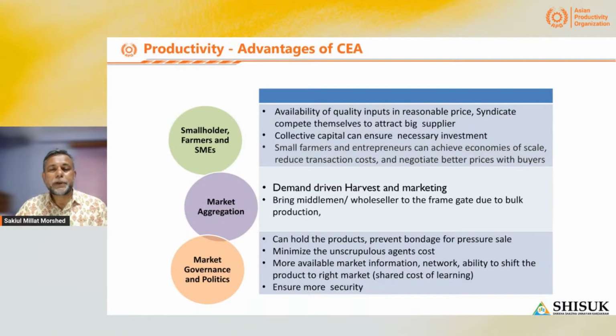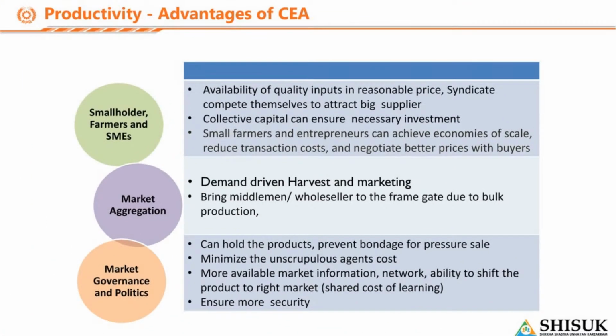As I explained in the first slide, it helps smallholders, farmers and SMEs. How does it help? Because of this collective initiative, quality inputs are available at a reasonable price, and the collective capital also ensures the necessary investment in production facilities. Also, small farmers and entrepreneurs can achieve economies of scale, reduce transaction costs, and negotiate for a better price with buyers.